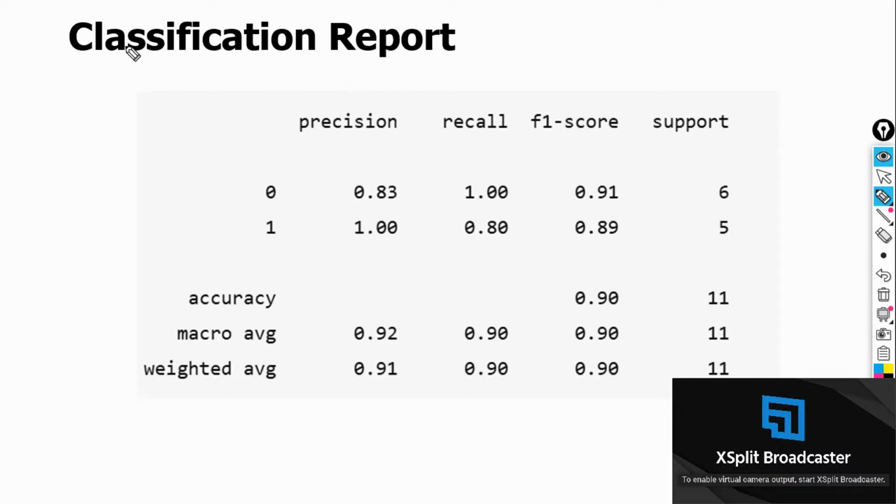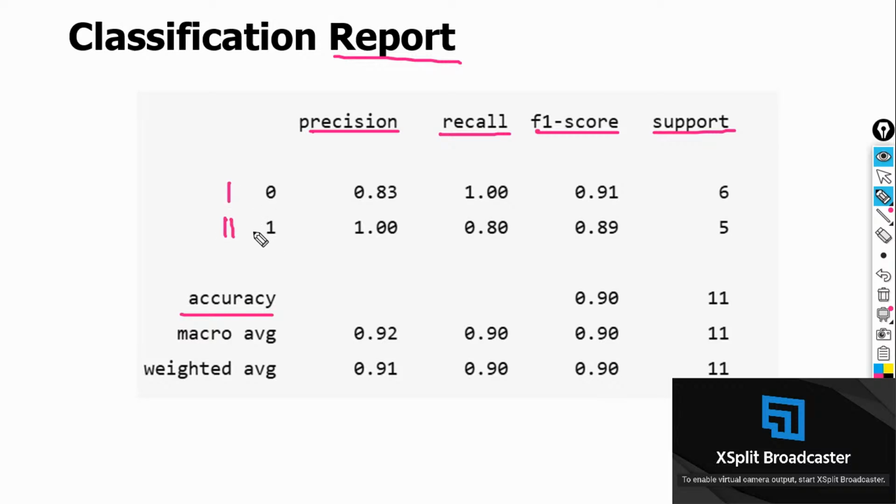The first one is the classification report. It is a report in which you will have the entire detailed information: precision, recall, F1 score, and support. We also have accuracy. What are 0 and 1? 0 is class 1, 1 is class 2.